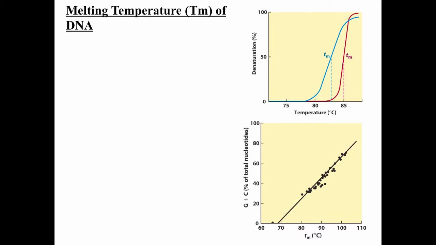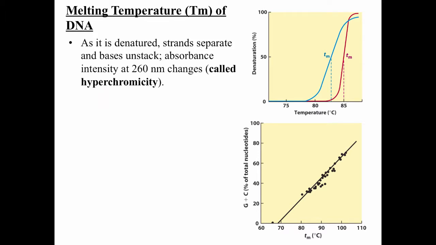All pieces of DNA can have what's called a melting temperature. So when DNA is denatured, you have your double-stranded DNA, you apply heat to it, the strands separate, and then the bases unstack.